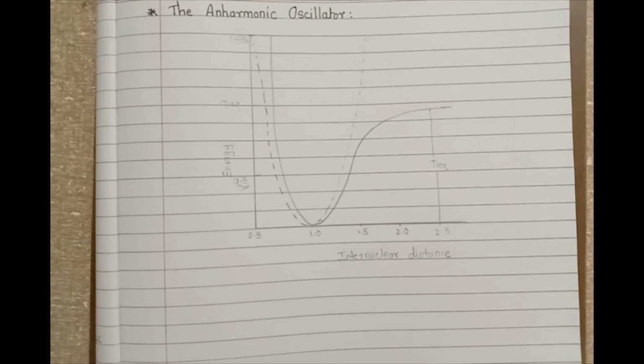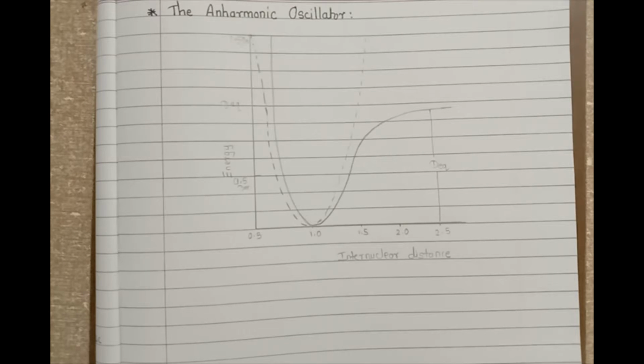Hello students, in the previous lecture we have studied the simple harmonic oscillator. In the simple harmonic oscillator we have assumed that the molecule obeys the law of simple harmonic oscillator, so that it behaves like a spring.